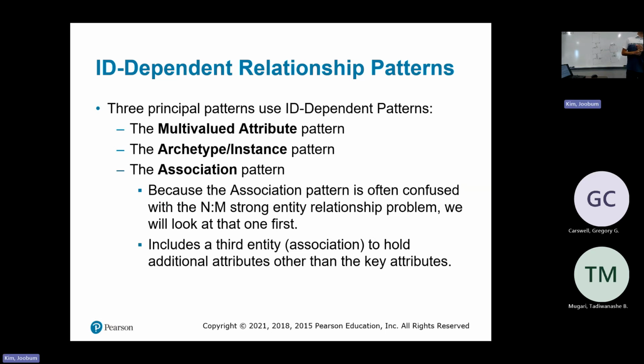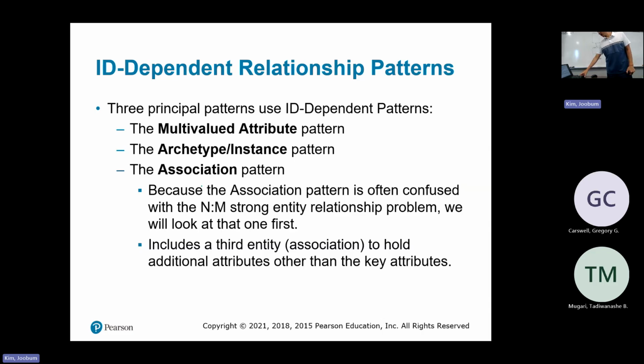An ID dependent entity is one kind of weak entity, but especially the identifiers of the strong entity should be included in the ID dependent entity. Let me show an example. There are three different kinds of patterns: multi-value, archetype or instance, and the association pattern.